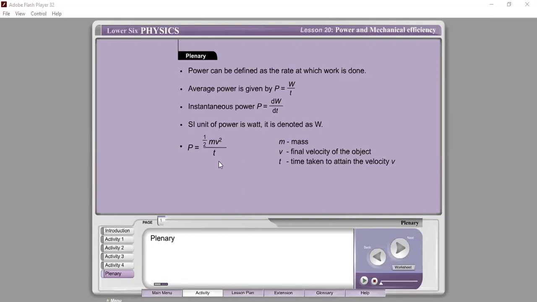If an object is moving, it has kinetic energy. The kinetic energy divided by time, the rate of kinetic energy, will be the power.